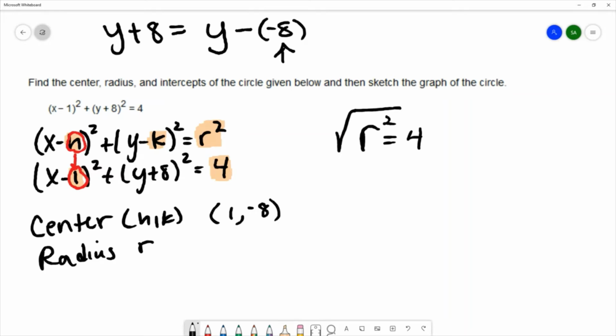I can square root both sides to get r equals 2. Really plus or minus 2. But since the radius is a distance, we'll only use the positive value. So we get, for our example, that the radius is 2. So we found the center, we found the radius, and now let's find the intercepts of our circle.